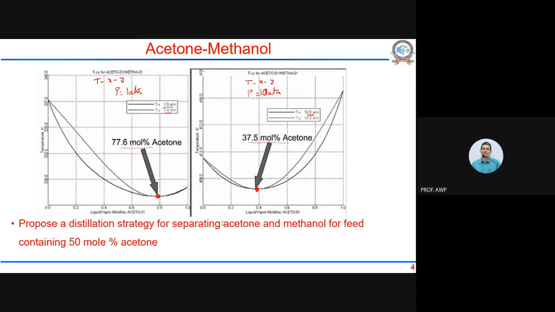Now, can you propose a distillation strategy to separate acetone and methanol, for a feed containing 50 mole percent acetone, into pure acetone and pure methanol, taking advantage of this change of pressure? The azeotropic composition changes very dramatically with pressure.